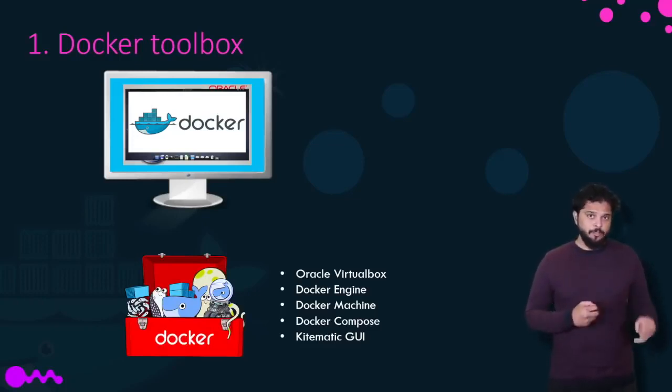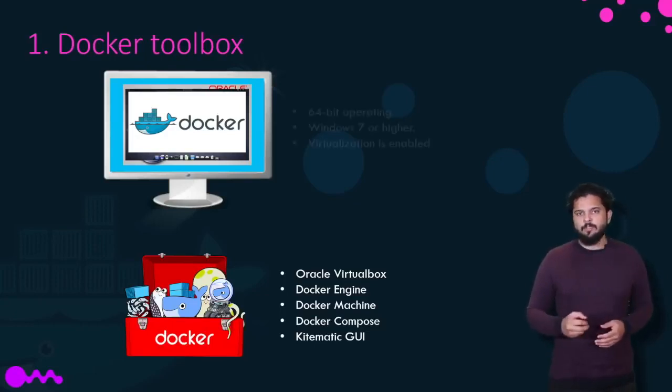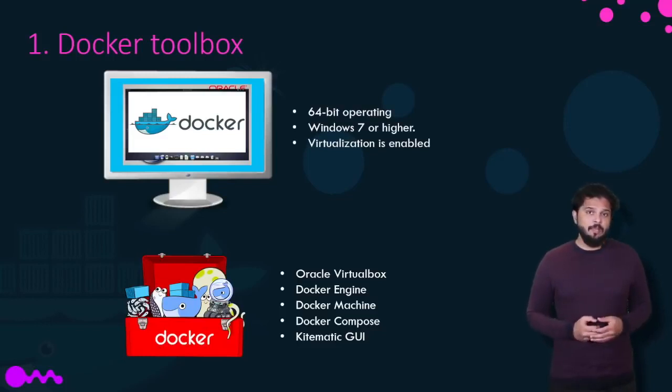It will install VirtualBox, deploy a lightweight VM called boot2docker, which has Docker running in it already, so that you are all set to start with Docker easily and within a short period of time. Now, what about requirements? You must ensure that your operating system is 64-bit, Windows 7 or higher, and that virtualization is enabled on the system.